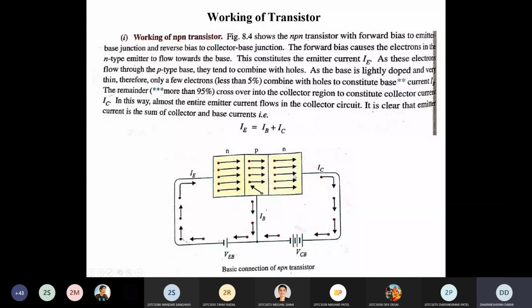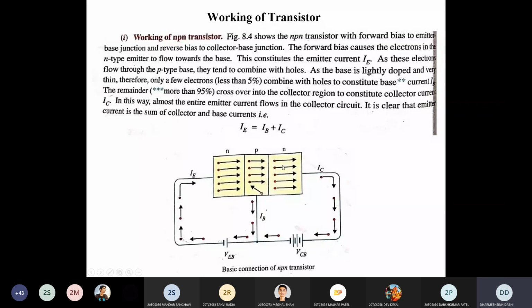Clear? So electrons are now flowing from the N layer to the P layer base and then from the P layer to the N layer of the collector. The current flowing into this N layer because of electrons is called the emitter current, and the current flowing into this N layer of the collector is called the collector current, and we call it IC.